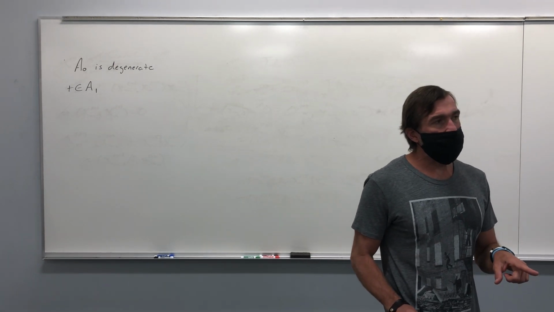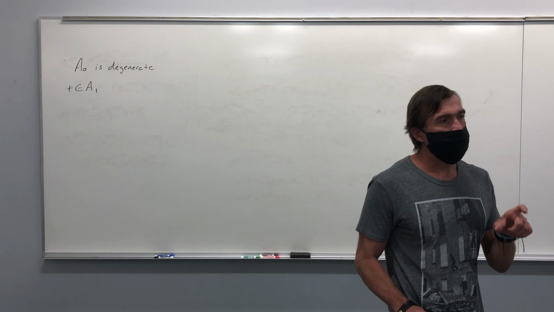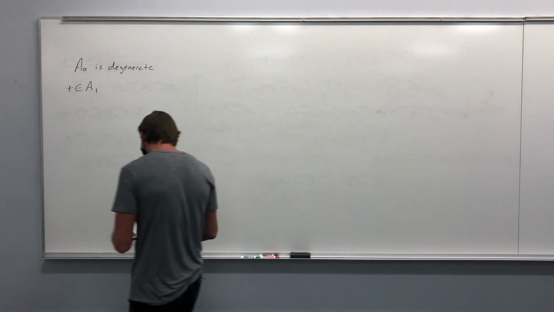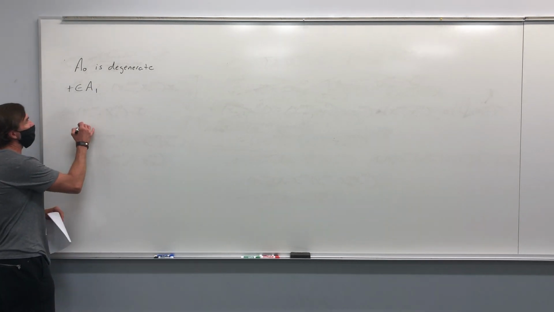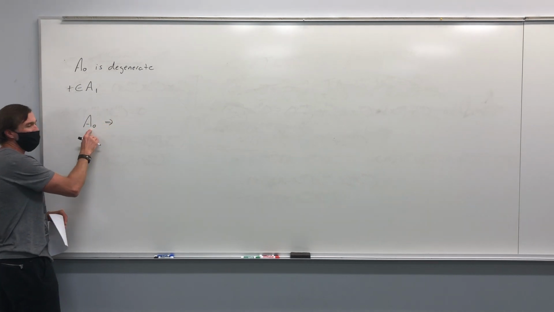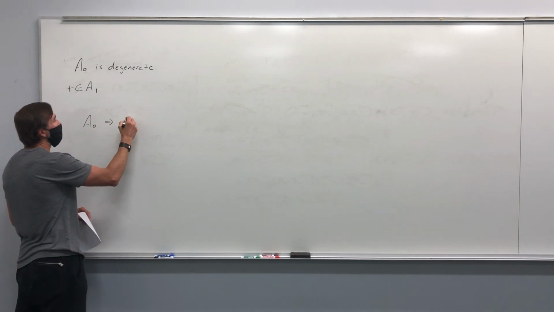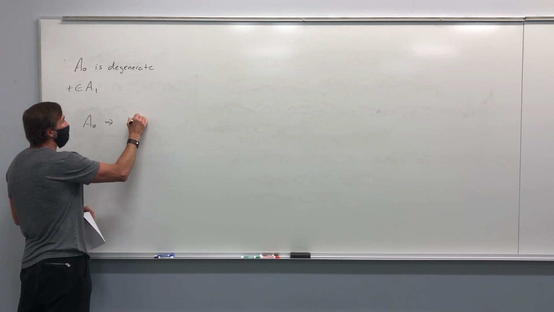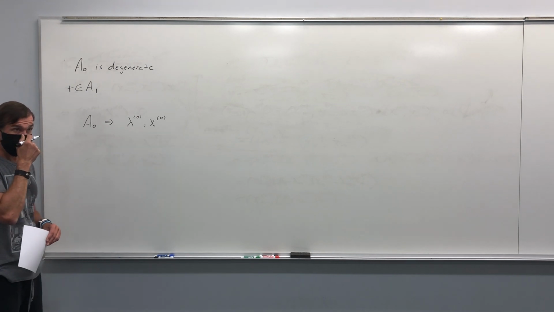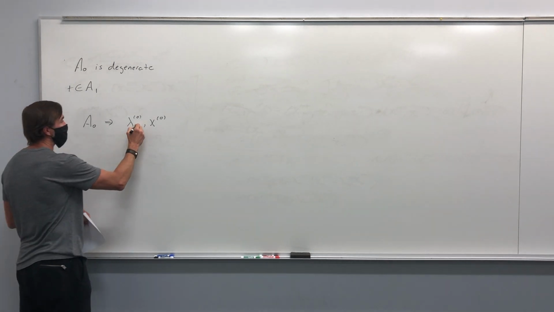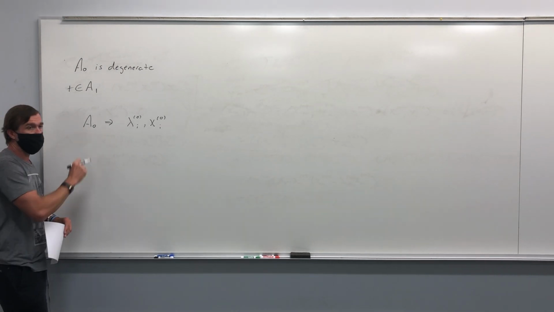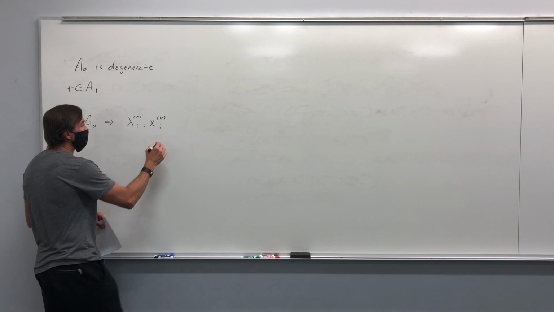Now, if you think about it, that's a bit of a problem, for the following reason. Remember how we do perturbation theory. The first thing we do is we take the unperturbed matrix and we find its eigenvalues and its eigenvectors. Maybe there's a set of n of them if this is n by n.